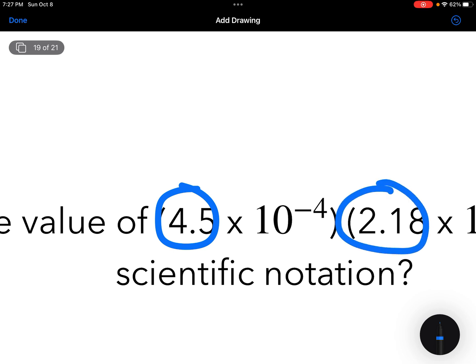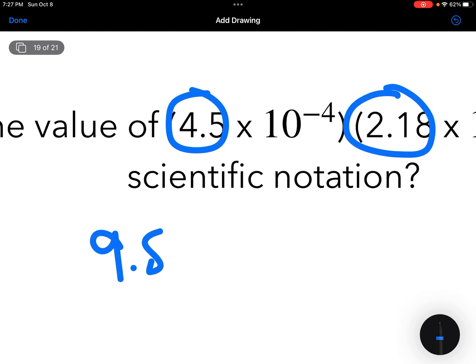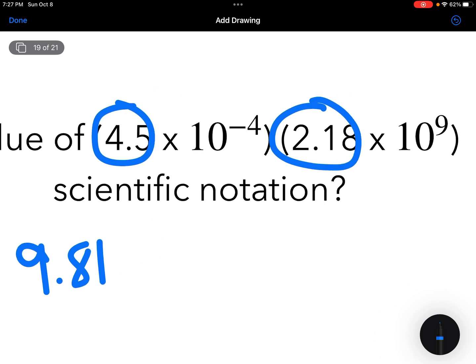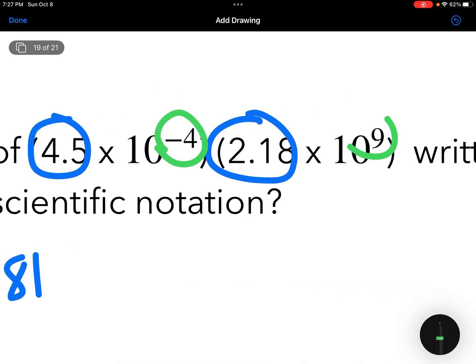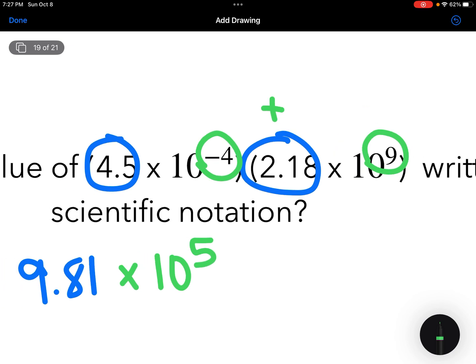So 4.5 times 2.18, and I get 9.81. Then I'm going to add my exponents. So I multiply my multipliers and I add my exponents. So negative 4 plus 9 is positive 5. So times 10 to the 5th power.